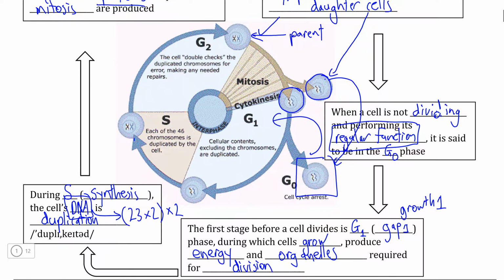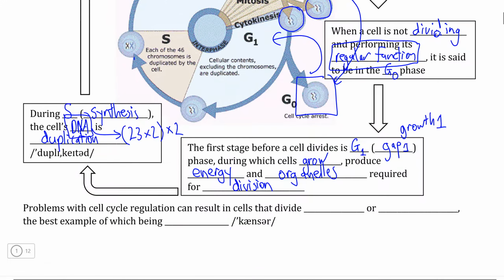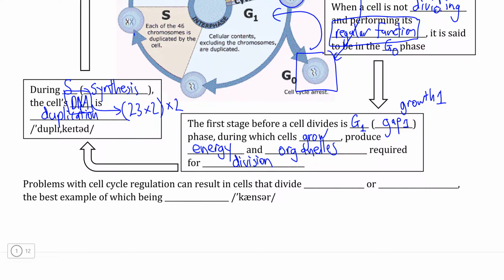Now, the process of regulation is a lot more complicated than this. Anyone who studies biology in university will learn a lot more in detail, and one of the things that they'll learn in more detail is what happens when this goes wrong. So, the cell cycle is very important to regulate, because problems with cell cycle regulation result in cells that can divide too often, or cells that don't divide at all.